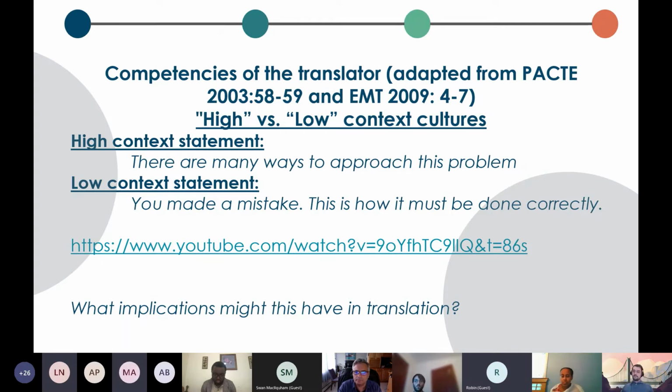And in others, it will come off as rude if you don't couch that command in some kind of other language, or change the conjugation to something else so it's not a command any longer. I don't know if that's a good example of high-low context, but no, I think it is a good example.